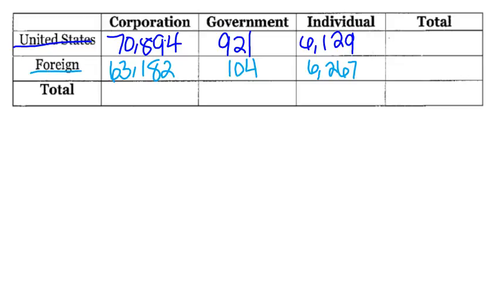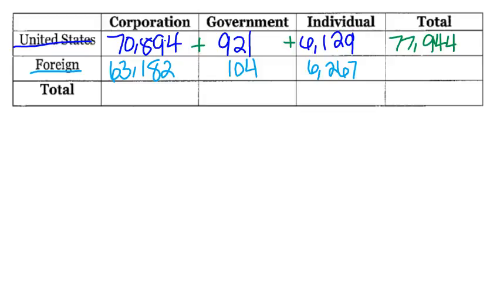The last thing we need to do is add these up to get the totals. We add up all the rows and all the columns, and there's not a particular order you have to go in. I'm going to add up my rows first. All the U.S. patents: 70,894 plus 921 plus 6,129 gives me 77,944.